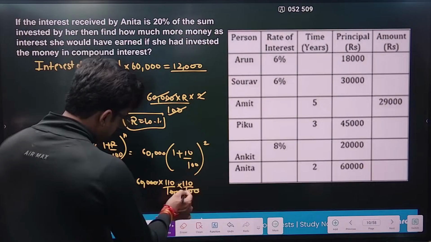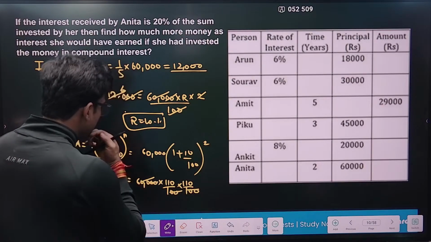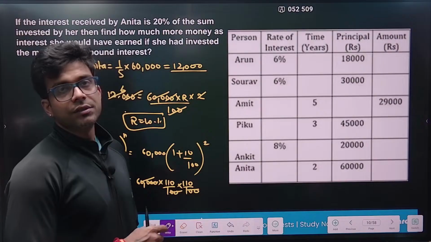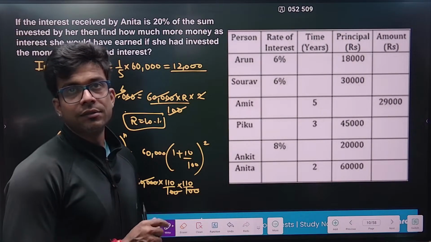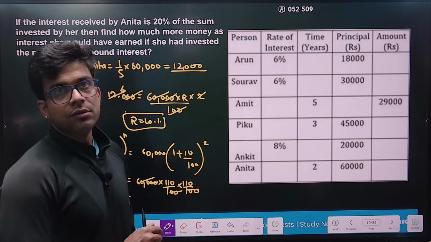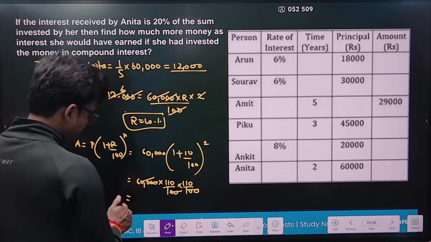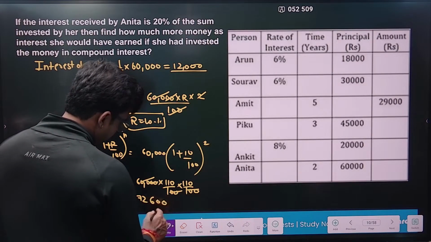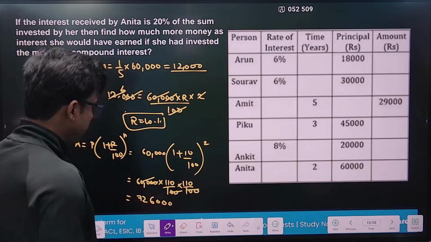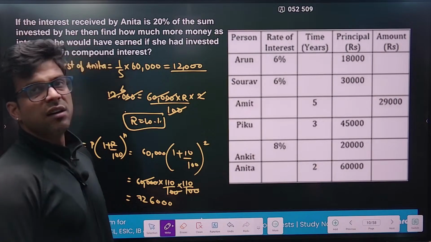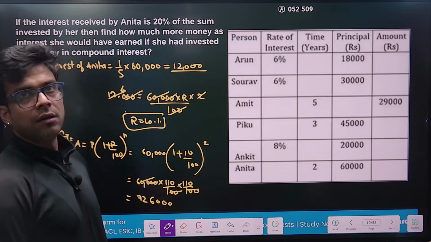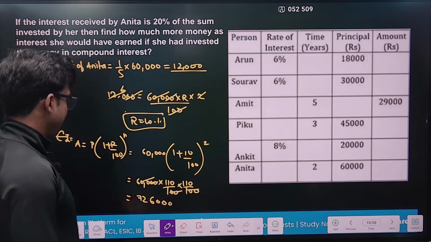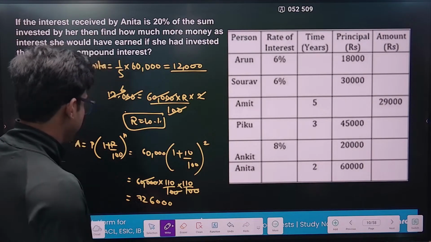Cancel. 121 into 6. This is basically the amount, guys. So this is 72,600. Okay, this is the amount. Now if you subtract, the principal is 60,000 and the amount is 72,600. Subtracting, you're getting 12,600.